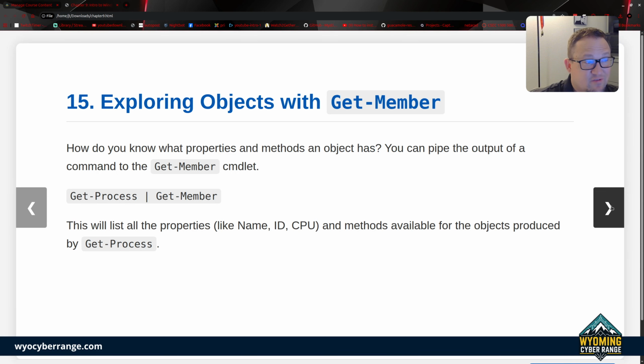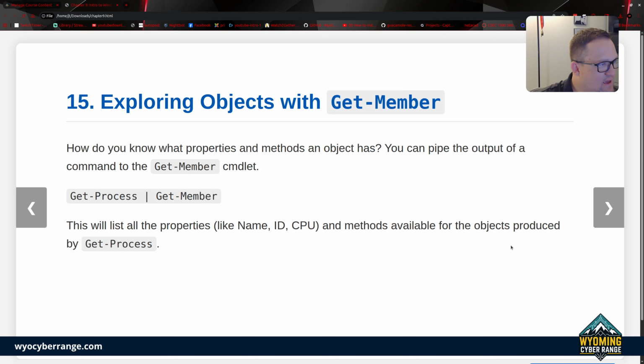So we've talked a lot about the objects themselves, okay? But we don't really know what's inside of an object. So how do we know what properties it has? Well, we can use this command called Get-Member. You can take any command and pipe it to Get-Member. What this will do is act kind of like an X-ray machine. It's going to look inside of all the properties of that object itself and all the actions that are available to us.